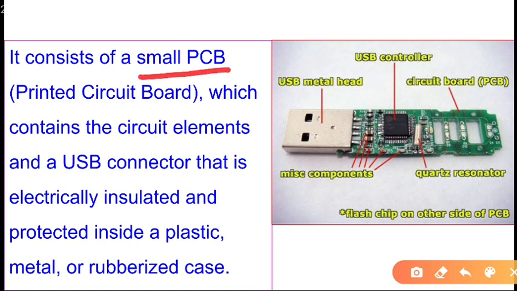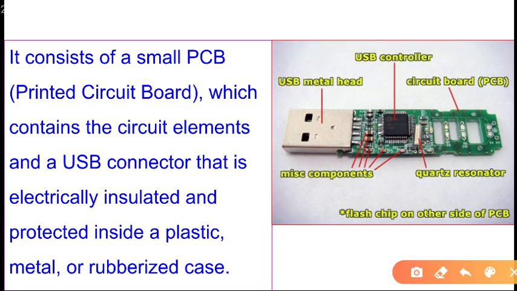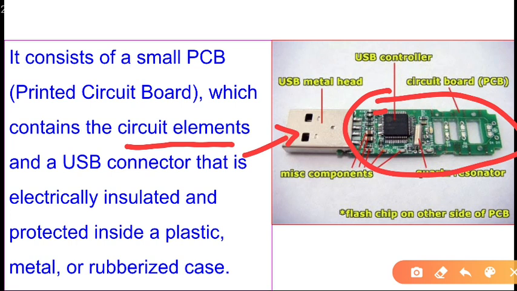PCB means printed circuit board. See this green colored board? This green colored board is called the printed circuit board. This printed circuit board also contains the circuit elements and a USB connector. So this is the USB connector and this green colored part is the printed circuit board, or the PCB. And see, there are different components on this PCB.